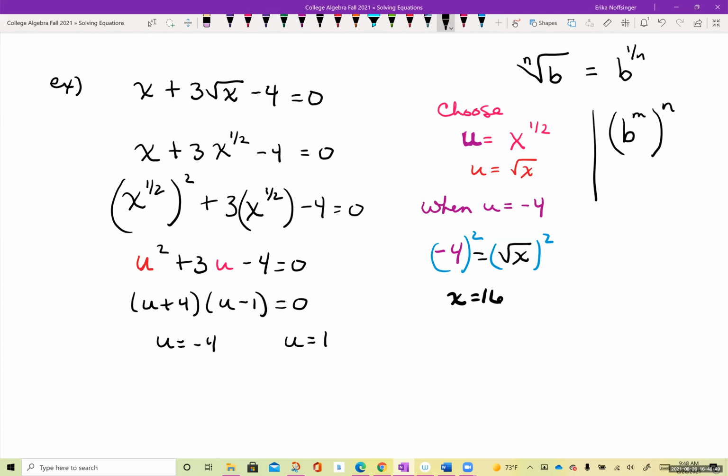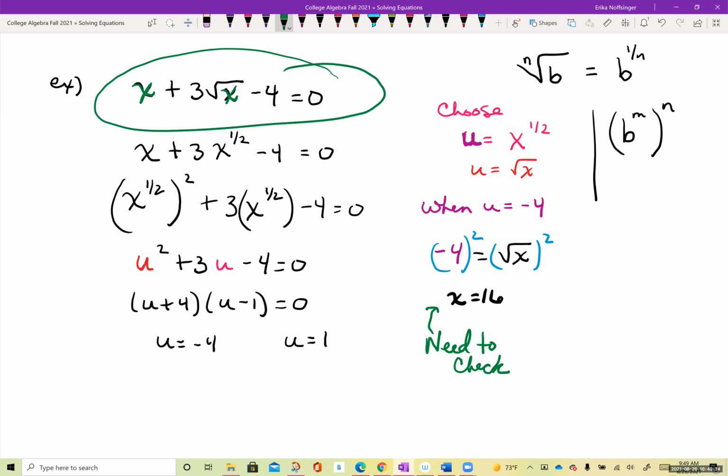So I need to be careful, because notice while I was solving in that form, I squared both sides of my equation. And so I'm going to actually have to check. So if we go back into our original equation and plug in 16 wherever we see an x, we want to check to make sure that that's a true statement. Wherever I see an x, I'm going to put parentheses.